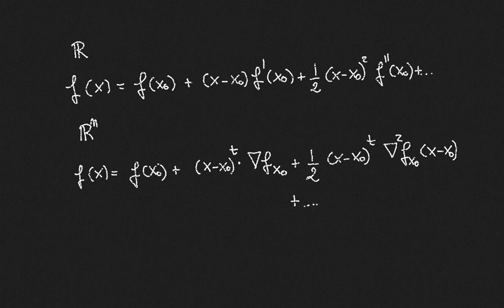And you can go on, and going on is not exactly straightforward, but more or less. Here you have a bilinear form, you will have a trilinear form, etc., and k-linear forms.